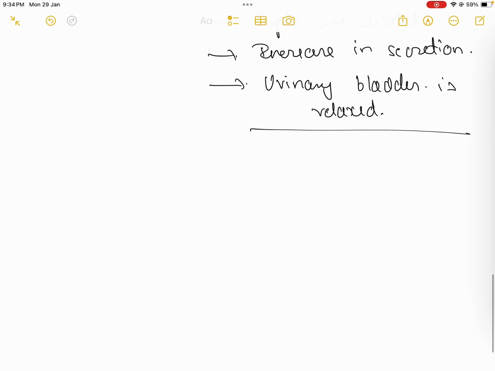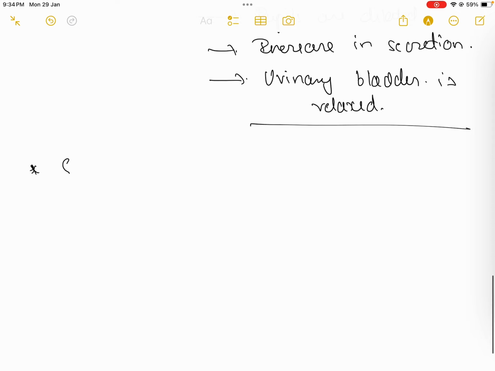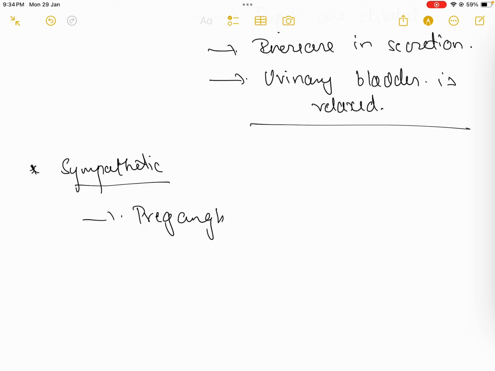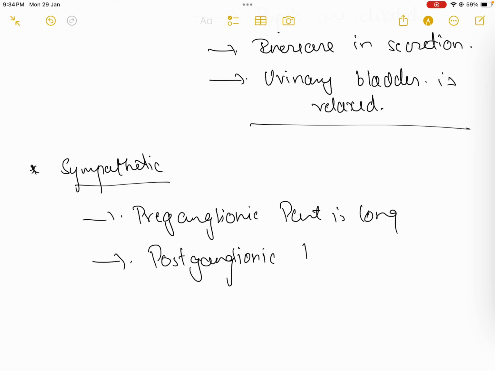Now coming to the sympathetic system. As I mentioned, in anatomical terms it is the inverse of the parasympathetic: the preganglionic part is long and the postganglionic part is short.